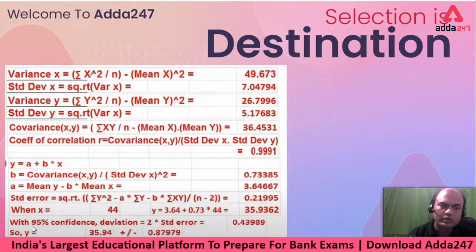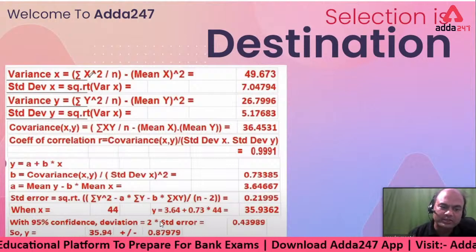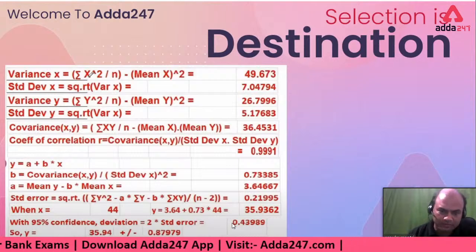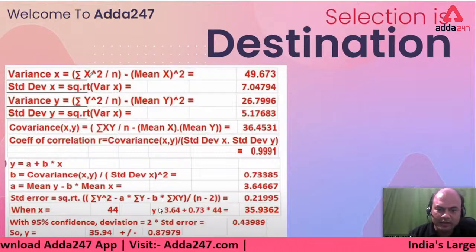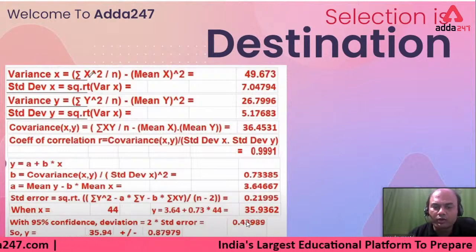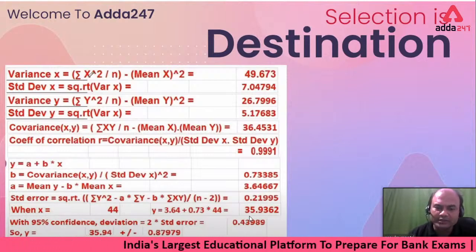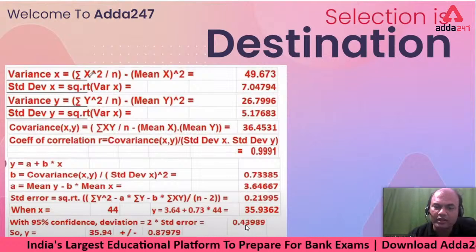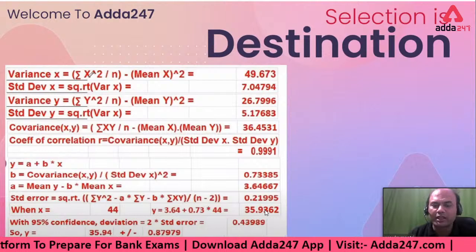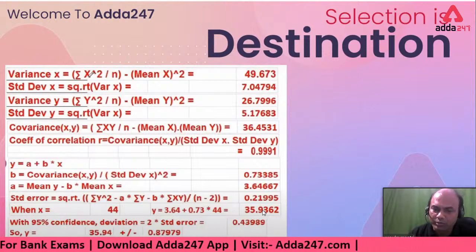Okay. So now what I've got is 95% confidence. I've got the standard error. Now what does it mean? When I get the standard error and I'm having this value of y, what I do is add and subtract this 0.439 from this 35.93, plus and minus both.